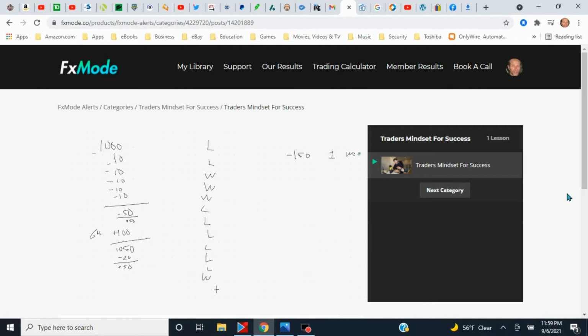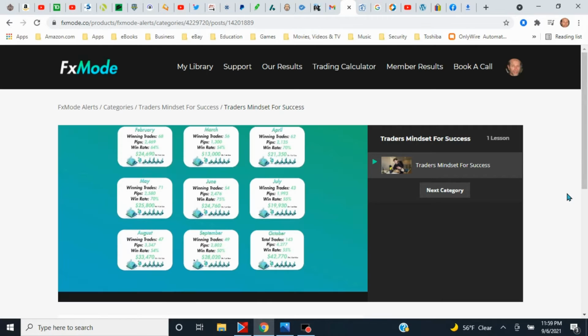So 1 week in, we're negative 150 pips. But then 2 weeks in, we're up 300 pips. And then week 3, we're already up 1,000 pips. Week 4, which is almost the ending of that 30-day period, we're up 2,000 pips. And that's what you see with our results. This is just the end of the month total.